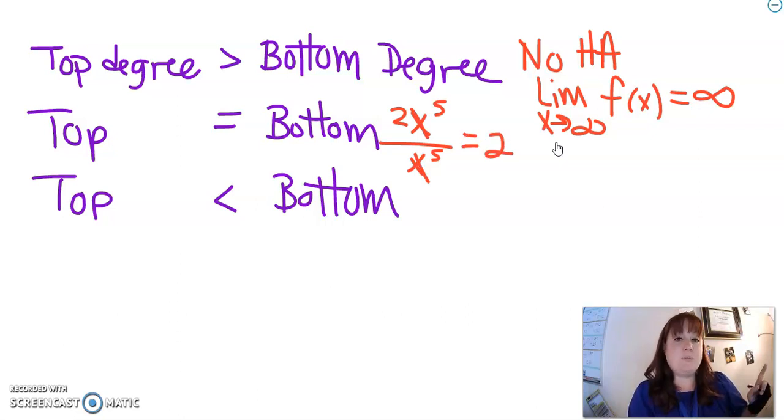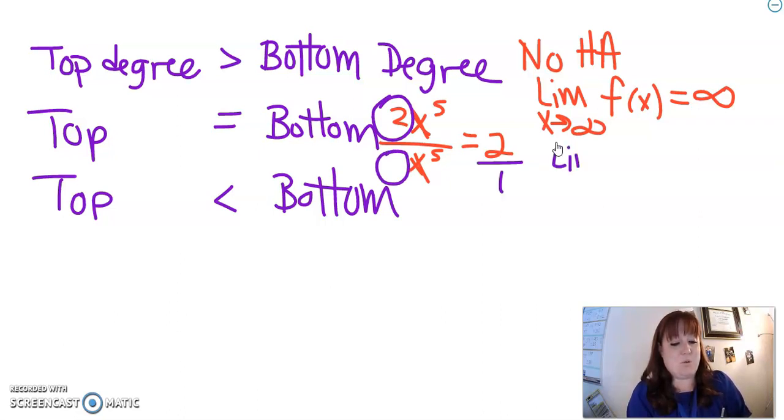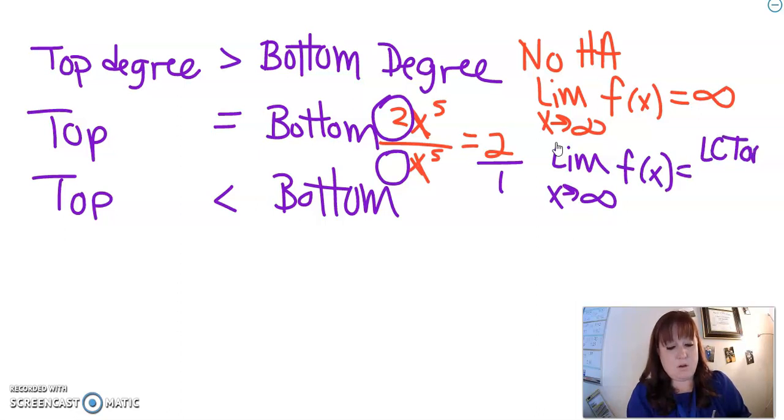So if the top degree is equal to the bottom degree, then we take the leading coefficient of the top and the leading coefficient of the bottom, and we put them over each other, and that's our horizontal asymptote. So the limit as x approaches infinity of this function would be the leading coefficient of the top over the leading coefficient of the bottom, if I can squeeze that in there.